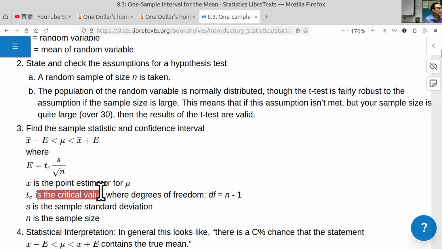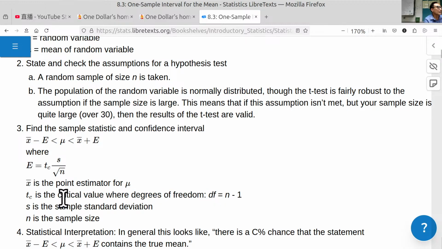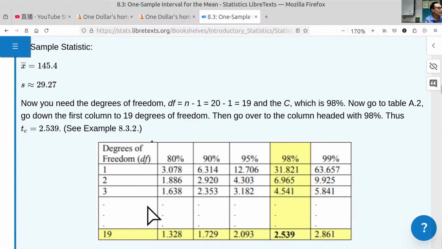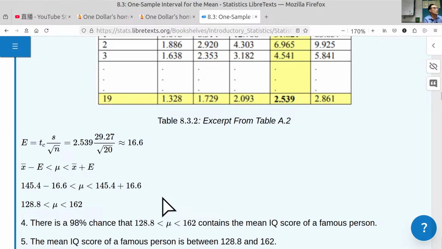tc is the critical value where the degrees of freedom, and now in this question, the degrees of freedom is 19, and check the confidence interval 98%. We got tc is 2.539. Okay, and now we do the calculation.